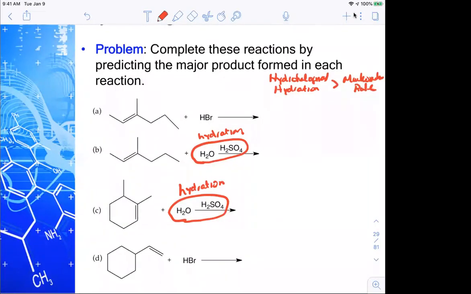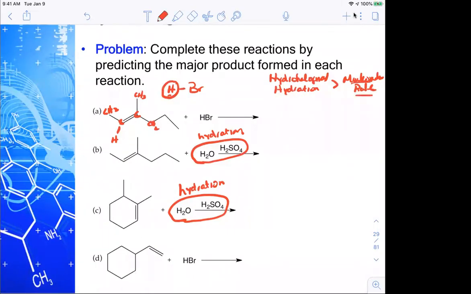So let's analyze what our reagent is. I have HBr, so the hydrogen is going to add to 1 part of the double bond. So here's my double bond. Those are the 2 carbons that are going to get some reaction. And I want to be able to tell which carbon of that carbon-carbon double bond this hydrogen attaches to.